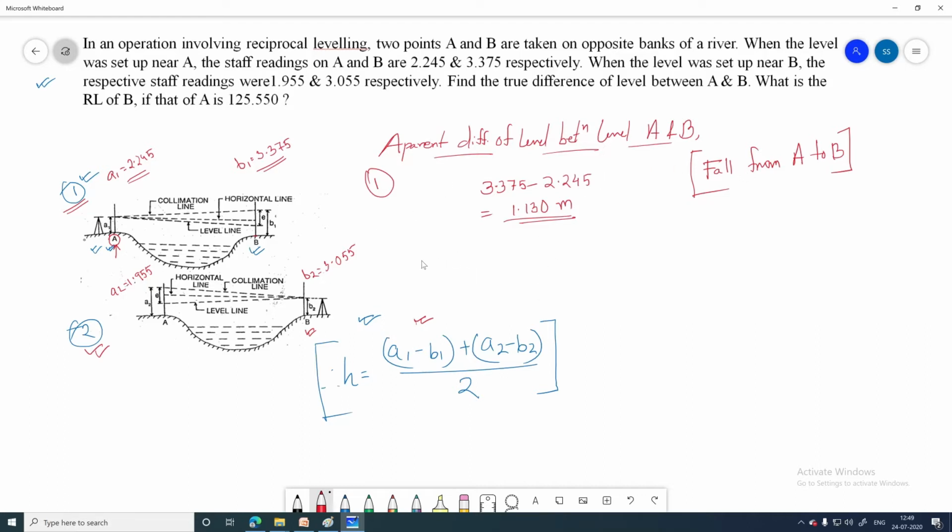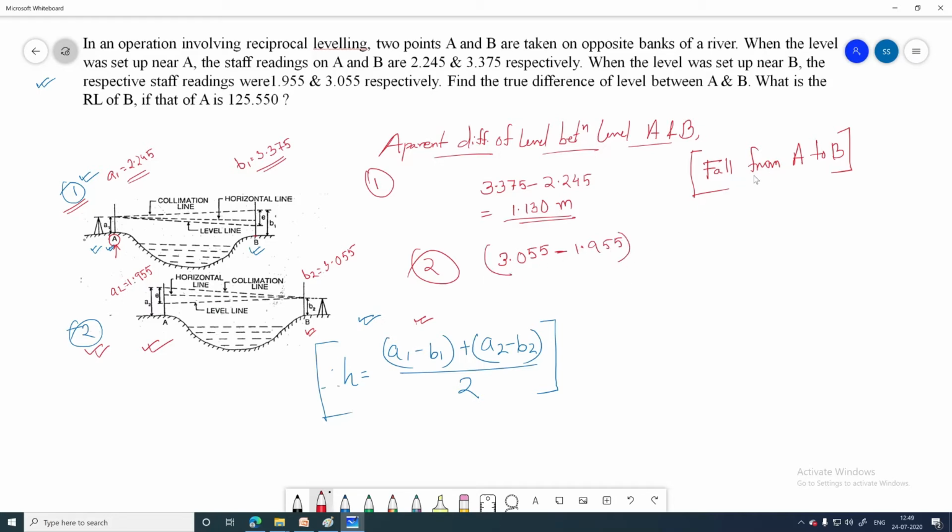Now in the second setting, if we determine the same case, the apparent difference of level between A and B, let us take the higher value first, 3.055 minus 1.955.